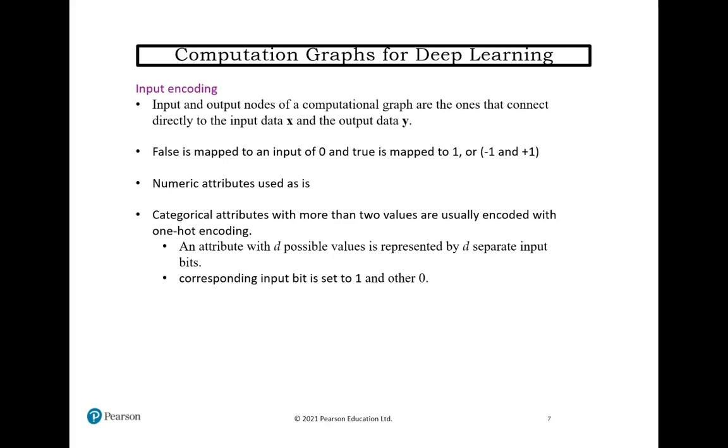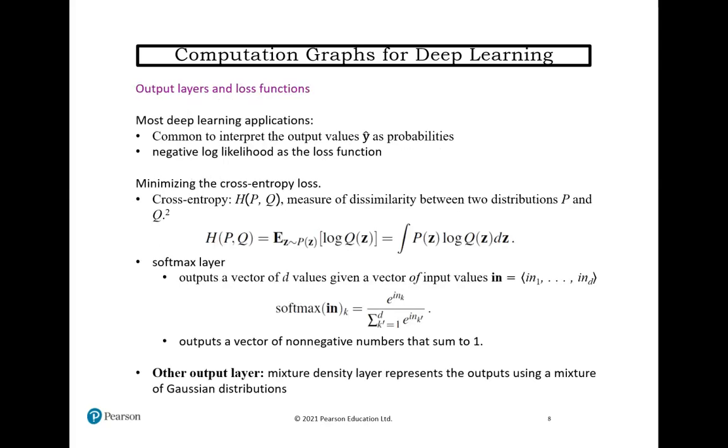For example, Mexican food is 1000, and Italian food is 0100, and so on. So we essentially encode this categorical data in a format that allows us to calculate derivatives and loss functions.